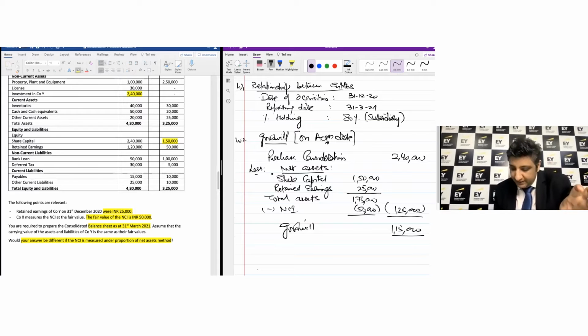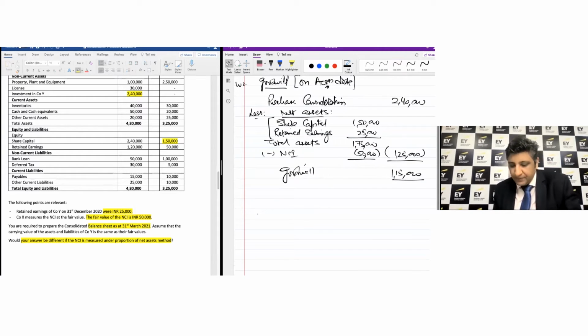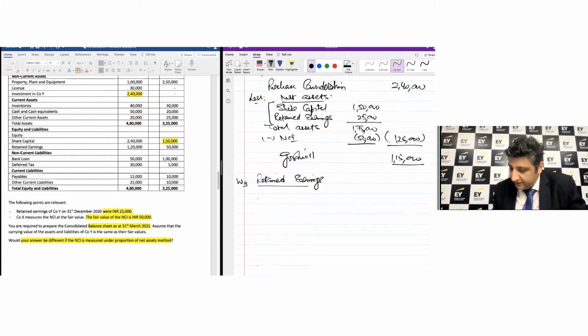You're taking the retained earnings and the share capital as on the date of acquisition to calculate that goodwill. That's a very straightforward exercise. Now, since there is a difference between the reporting date and the date of acquisition, we also want to do an additional working, which is about your retained earnings now, right?